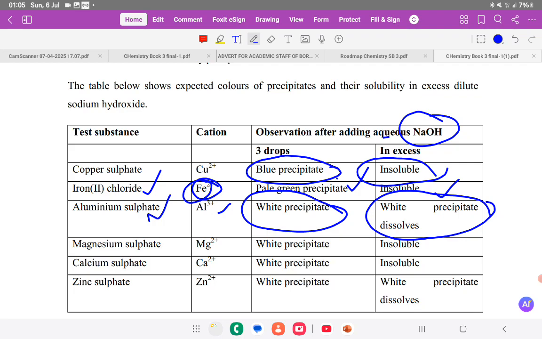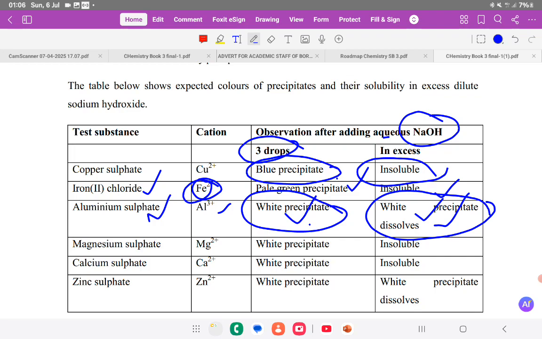In other words, there's going to be a color change from white to colorless. Initially, upon adding 3 drops of sodium hydroxide, you will see a white precipitate, which disappears upon adding extra sodium hydroxide.